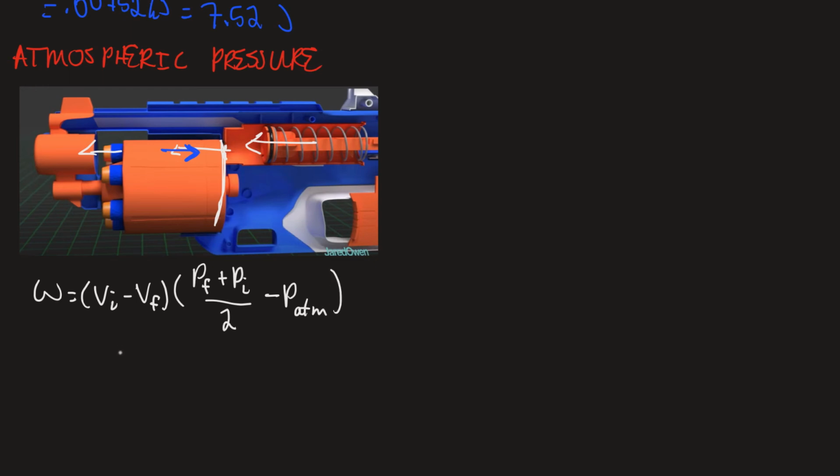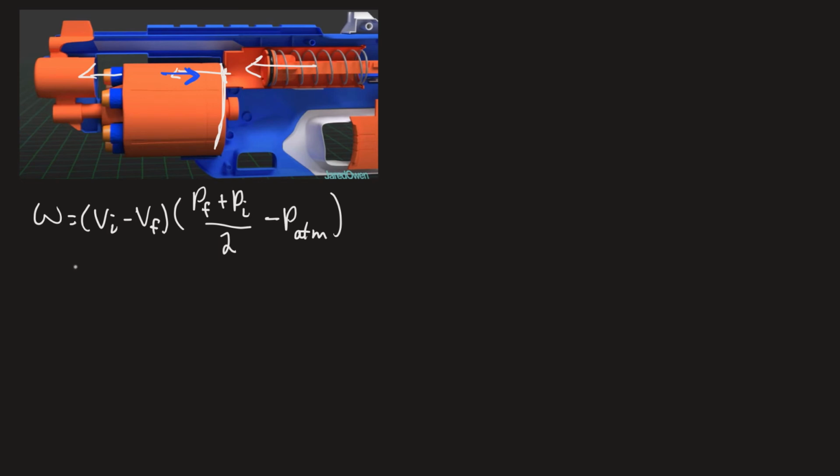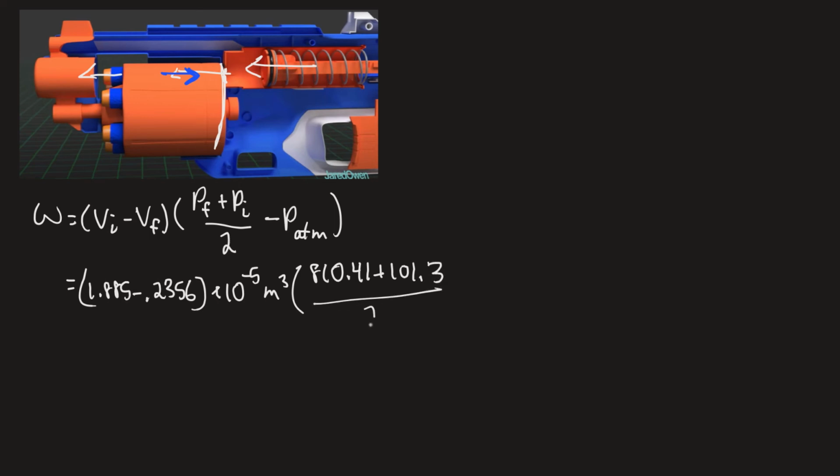So now we're doing the calculations a little bit. We have this as equal to 1.885 minus 0.2356, that's all multiplied by 10 to the negative 5th meters cubed, and we have that 810.41 plus 101.3 all divided by 2 minus the atmospheric pressure. That's the new addition.